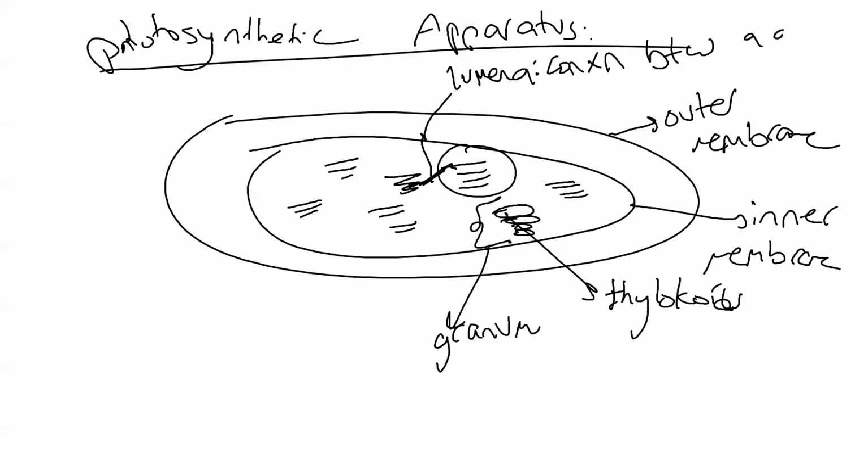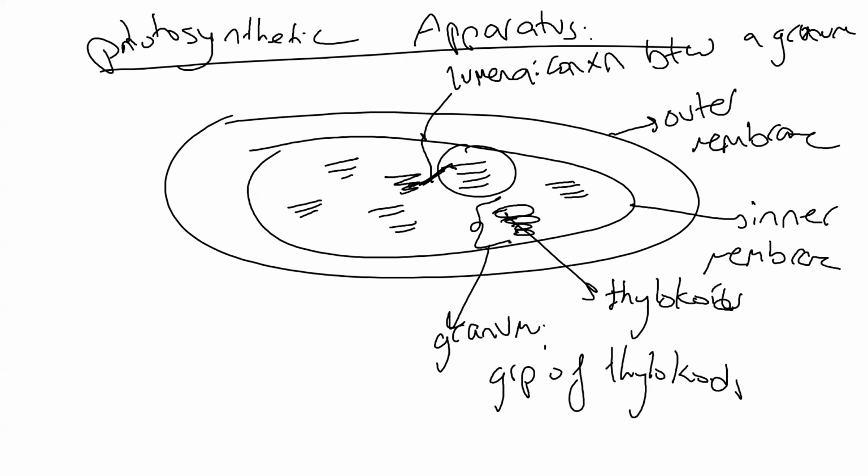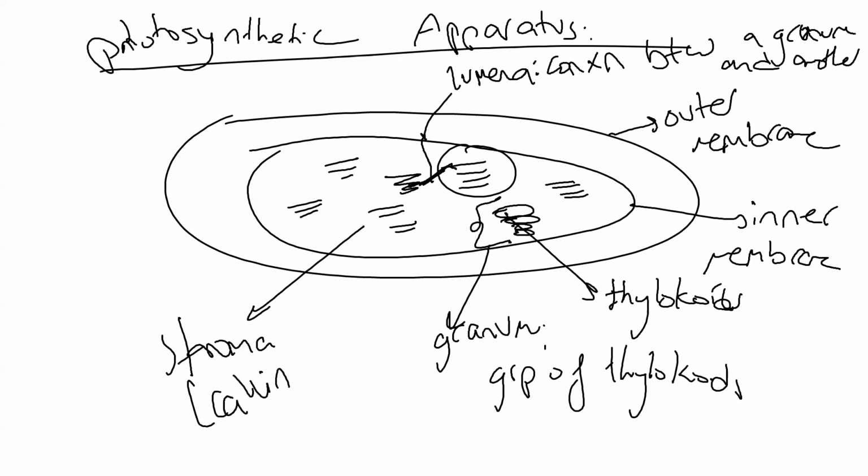A granum is a group of thylakoids. Between a granum and another, we have the stroma. And in this stroma we said happens the Calvin cycle or the light-independent reactions.